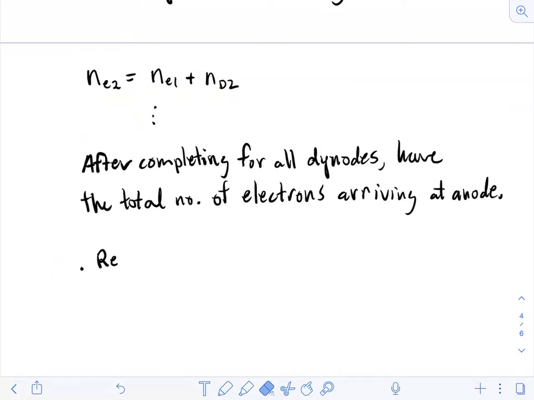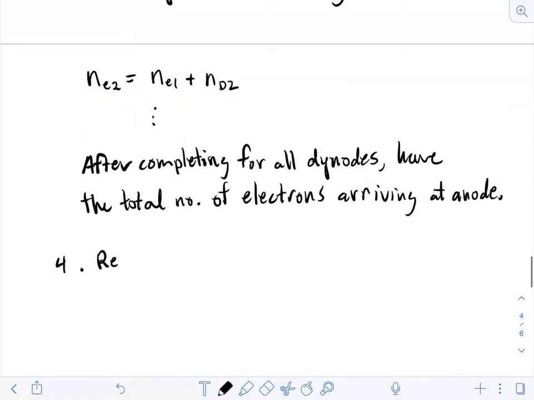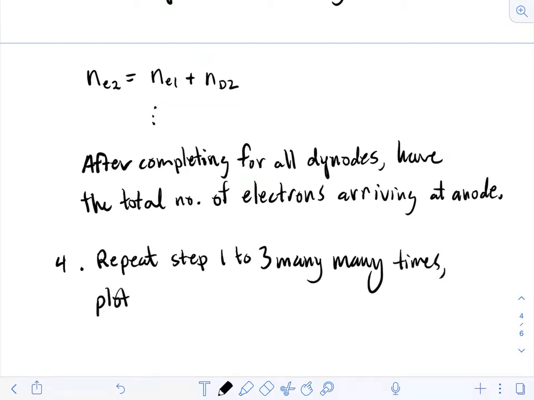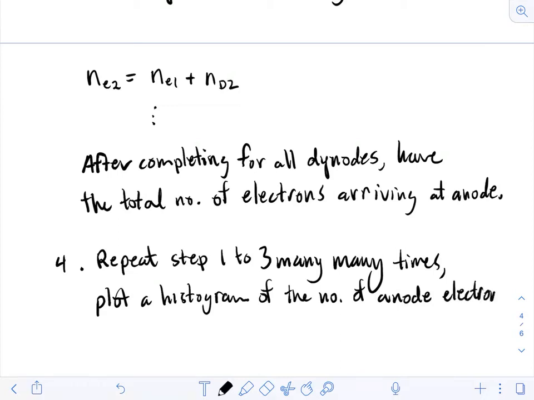Step 4 would be to repeat steps 1 to 3 many times, and then we would plot a histogram of the number of anode electrons, and that's the distribution that we were originally trying to find. Okay, so that's the strategy.